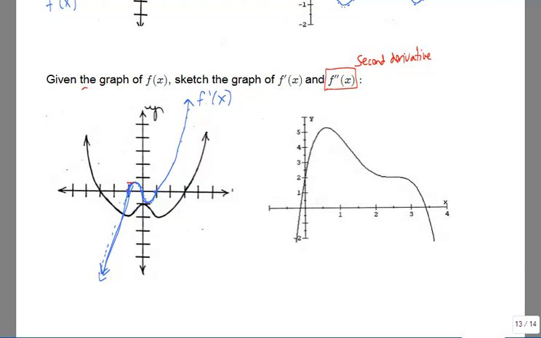I have a maximum right here, which will have a 0 slope, and a minimum right here, which will have a 0 slope. In between those two, this little tiny tangent line here, notice it's falling. So I have a negative slope, then it gets more and more negative till about halfway, and then these slopes have to come back around to hit that 0 again.